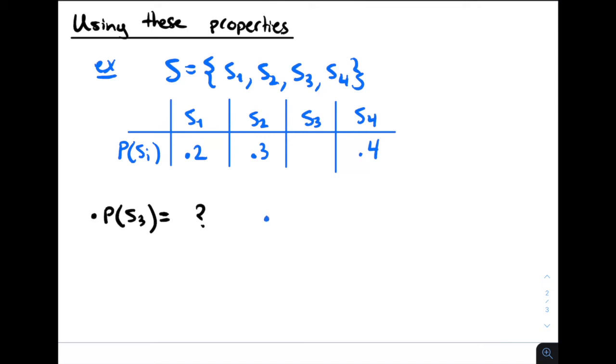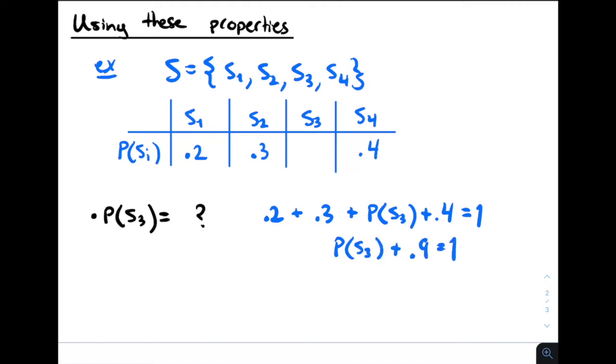This means that 0.2 plus 0.3 plus this unknown probability of S3 plus 0.4 equals 1. So we get that the probability of S3 plus 0.9 equals 1, and that the probability of S3 is equal to 0.1.